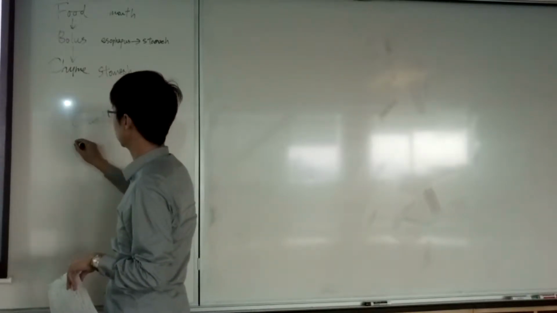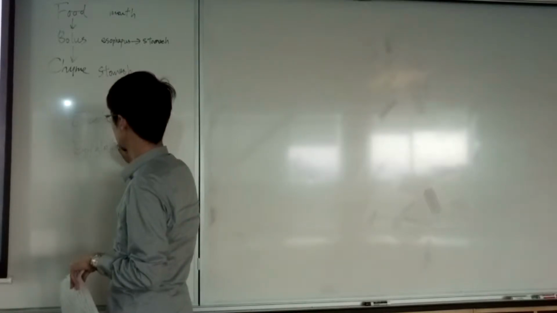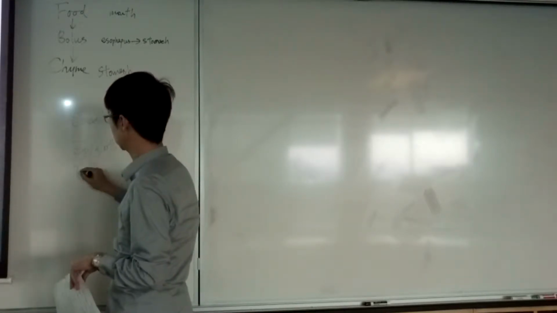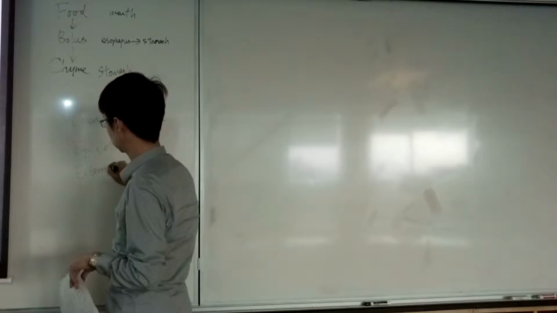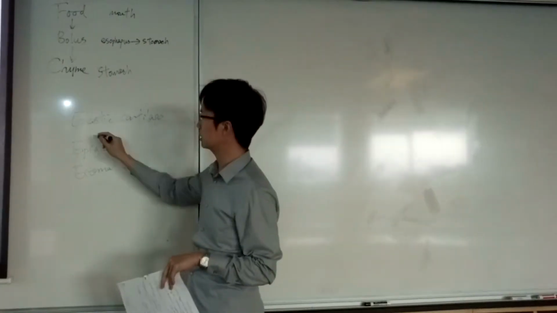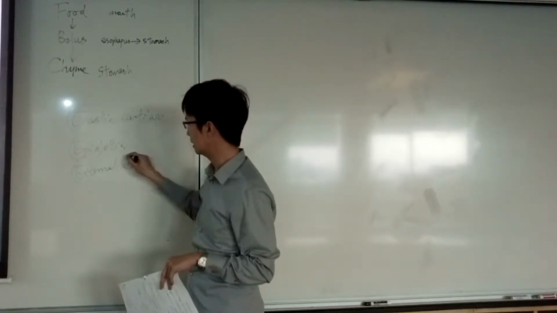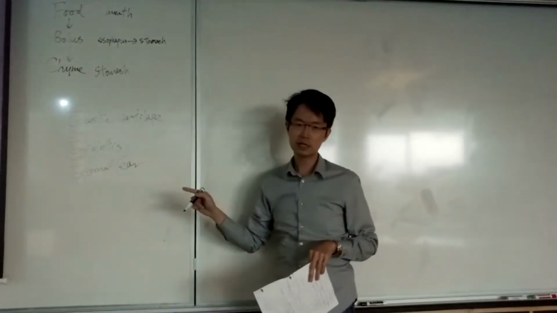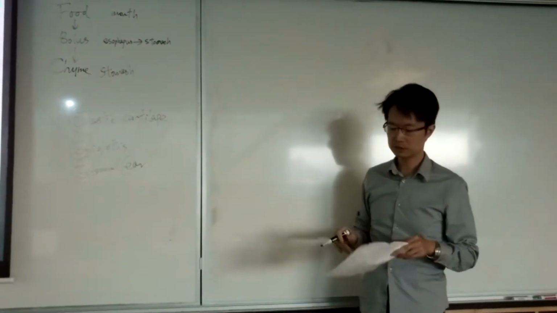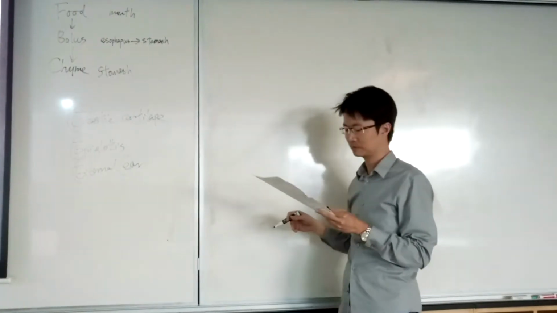Elastic cartilage makes the epiglottis, external ear. How do I memorize it? Very easy. E, E, E, E. So all the E goes together. So this is very easy to memorize. That's how I teach my anatomy students.